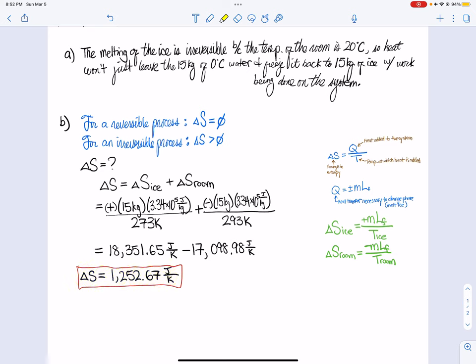And like I said earlier, for an irreversible process, the net change in entropy should be greater than 0, which here our net change in entropy is indeed greater than 0. So that confirms my answer in part A, that the melting of the ice is an irreversible process.